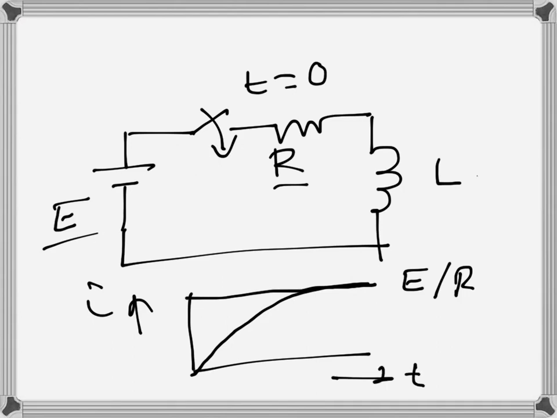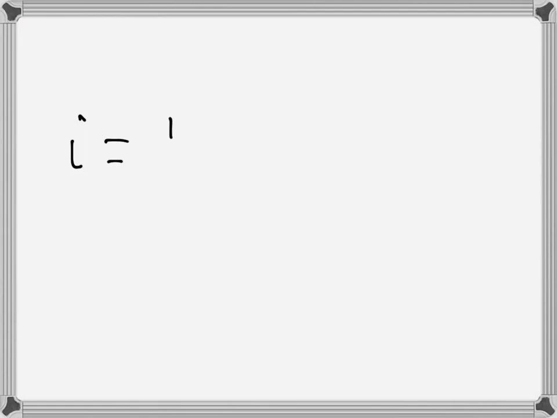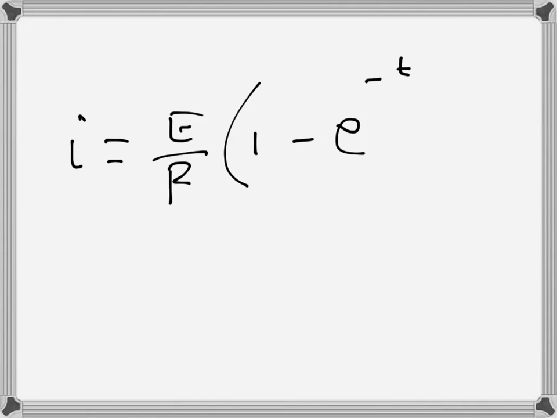So this is just the transient response, and the time constant here is L over R. So basically I will be E over R times 1 minus e to the power minus t over L over R, so it becomes t times R over L, because the time constant is in the denominator of the exponential here.